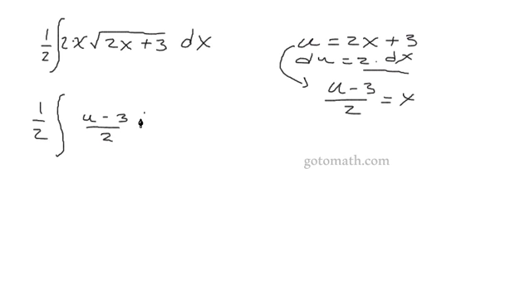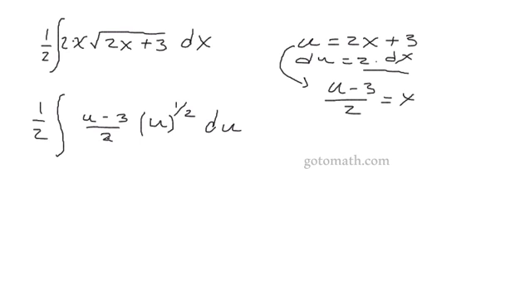And then I'm going to get this out of radical form and into exponential form. This becomes u raised to the half. And then the 2 and the dx get replaced with the du.